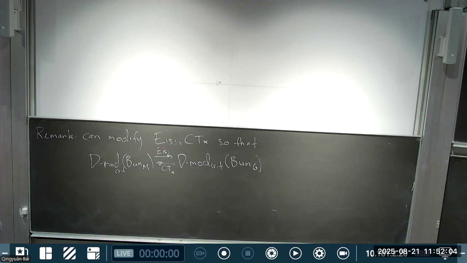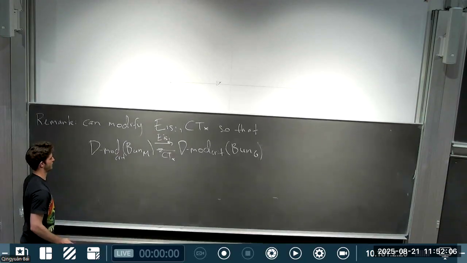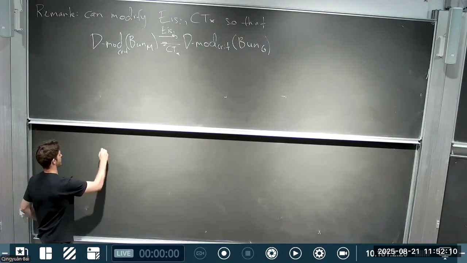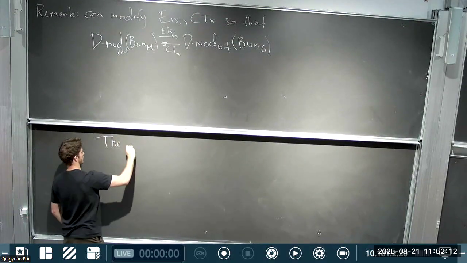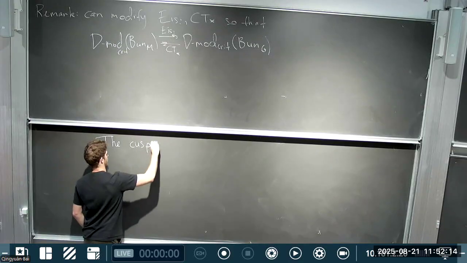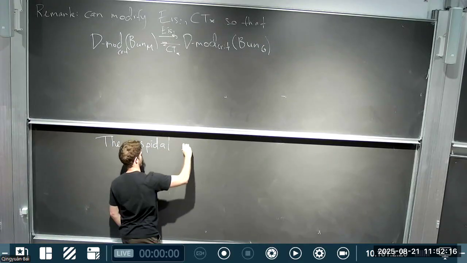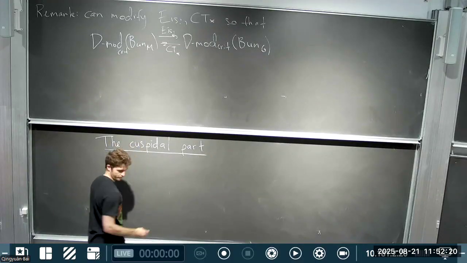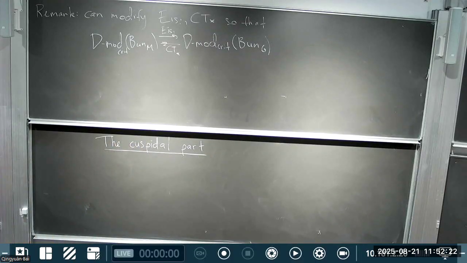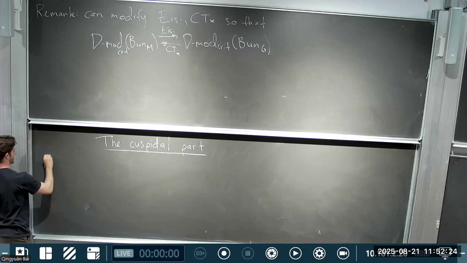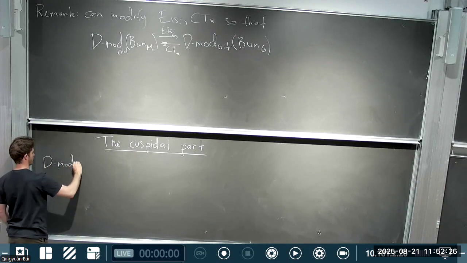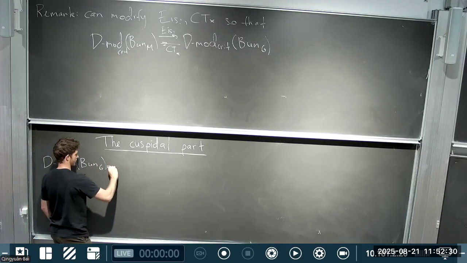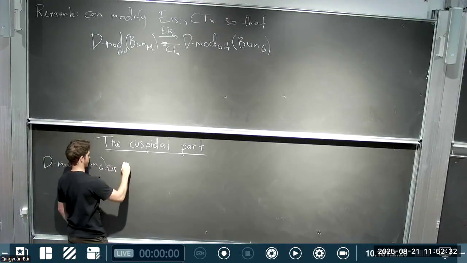All right. Okay, so the next thing is to define the cuspidal part. First of all, we'll define its orthogonal complement. So define D-mod(Bun_G) subscript Eisenstein.